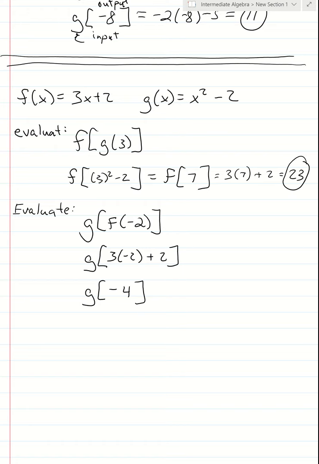And so now, that -4 is the output of f, which will now become the input for the function g. Once again, what does g ask us to do? We have to take the input, which is the -4. I'm going to square it and then subtract 2. And when we simplify what we can, we get the numerical solution 14. And hopefully you did too when you tried it on your own.